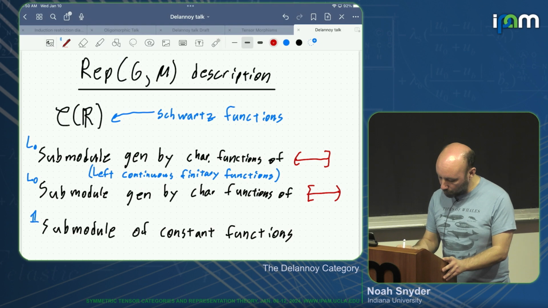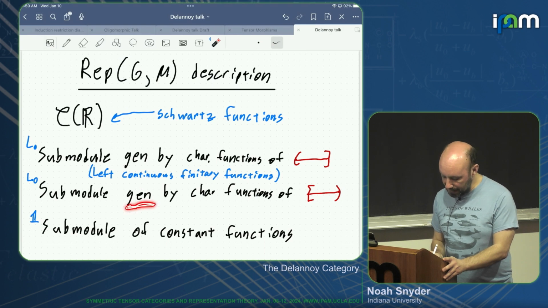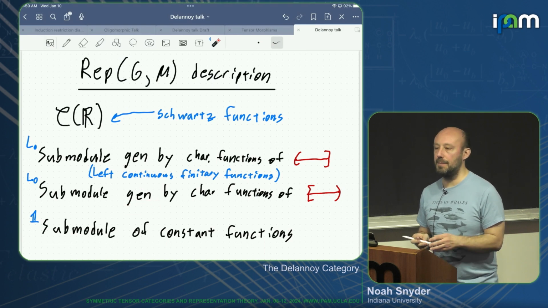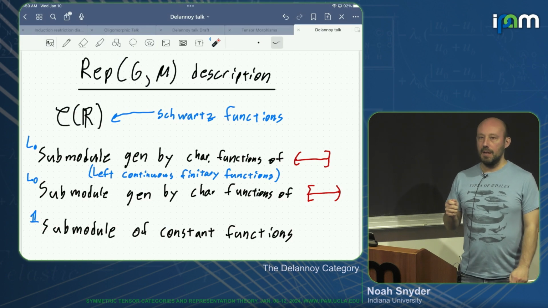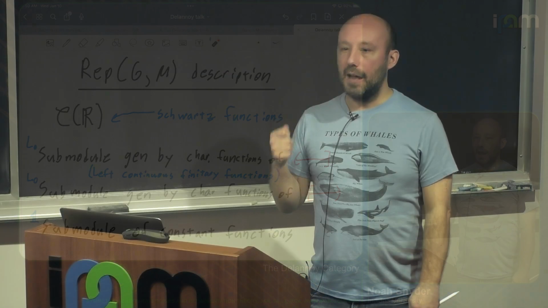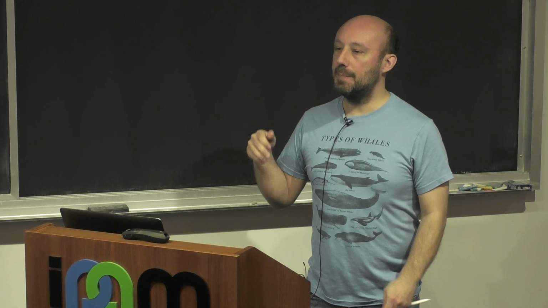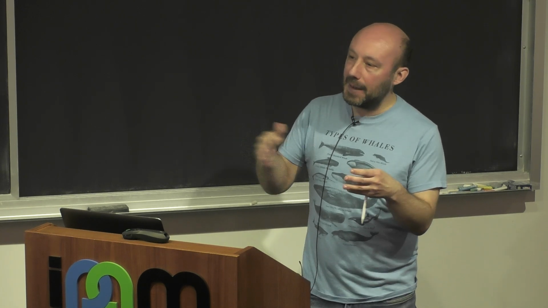Maybe I'll just say in words, you should be a little bit careful about what generated means here. It's generated under the action of this completed algebra AG. So in particular, you can act by elements of G. That's the easy part.